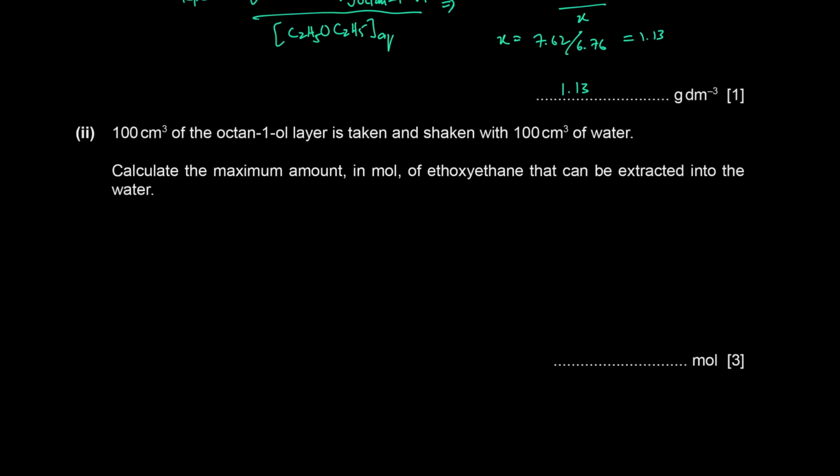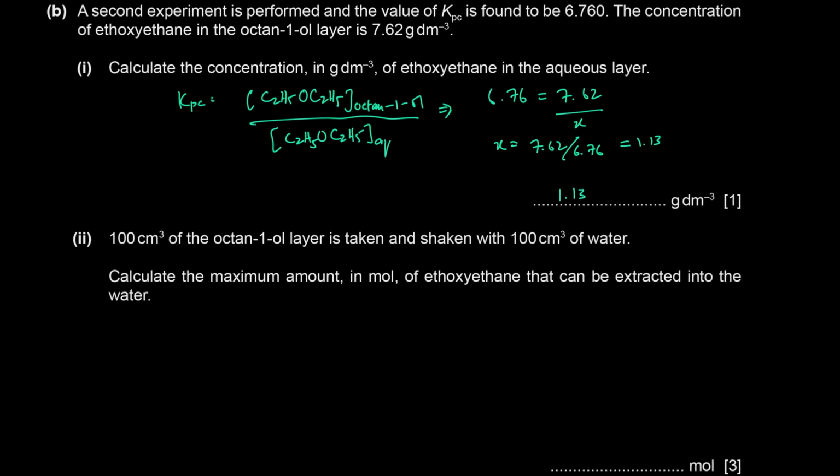Now, over here, they've given you the octan-1-ol layer's concentration, right? That's 7.62 grams per decimeter cube. So we know that the concentration of this in octan-1-ol is equal to 7.62 grams per decimeter cube.